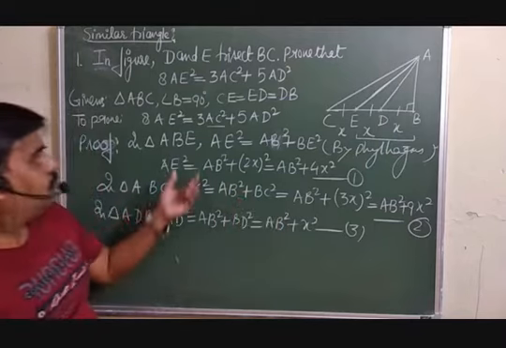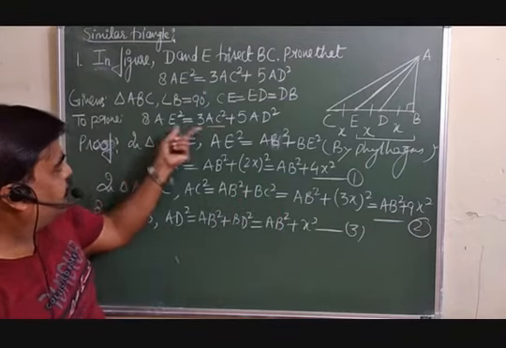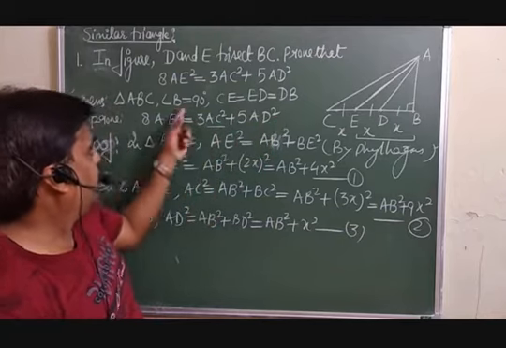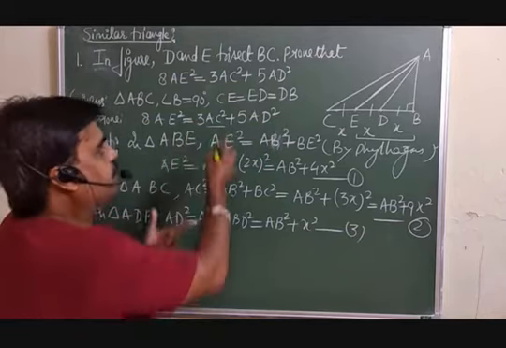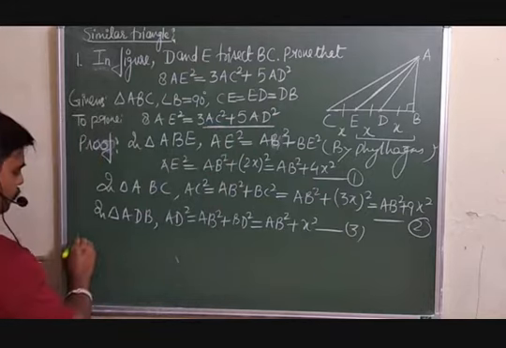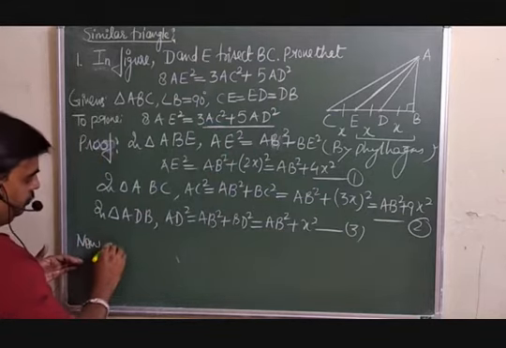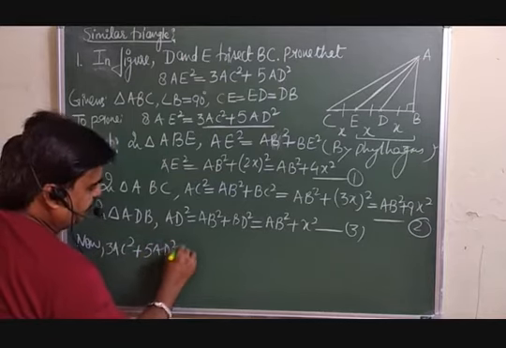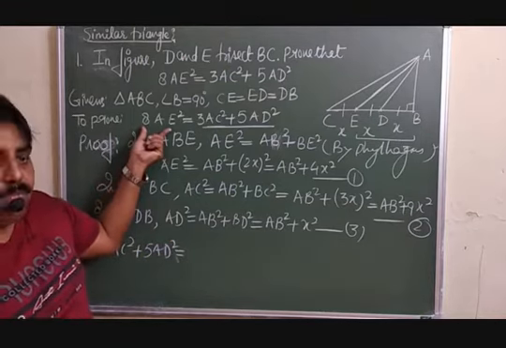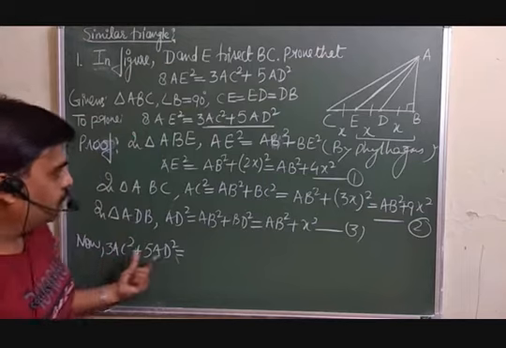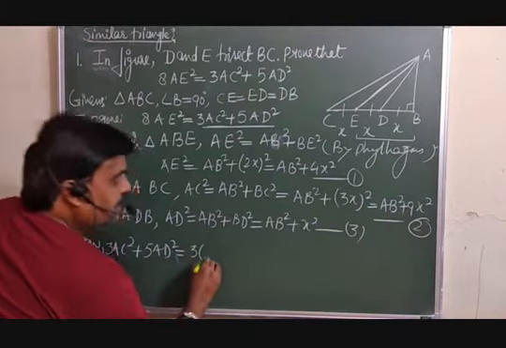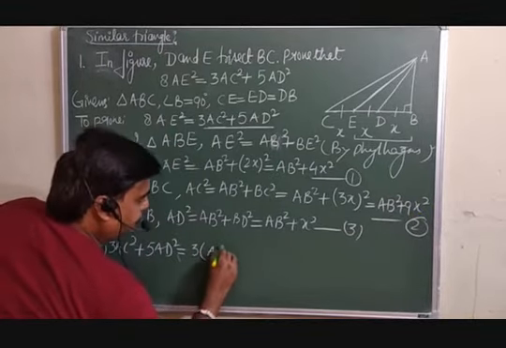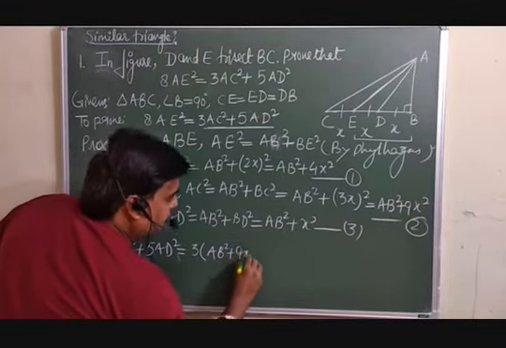Now you need 8 AE square is equal to 3 AC square plus 5 AD square. You can take either side, so I am taking the right hand side: 3 AC square plus 5 AD square, and it should come equal to 8 times AE square. Putting the value of AC square, this is 3 times AB square plus 9X square.